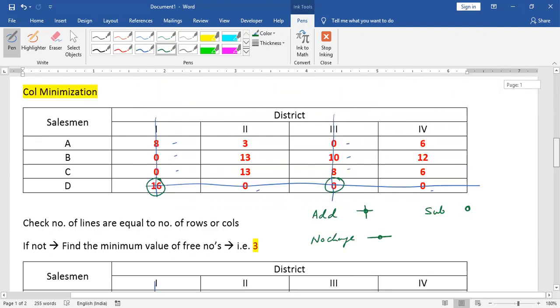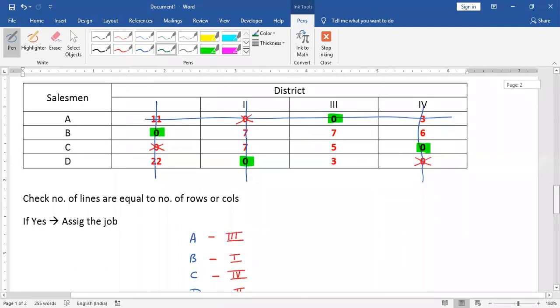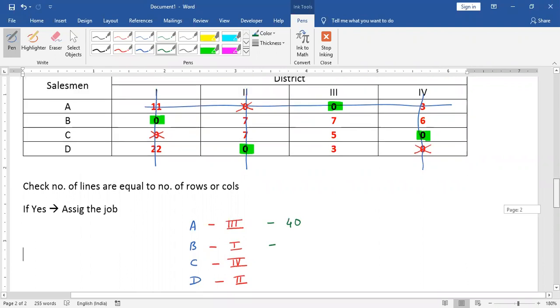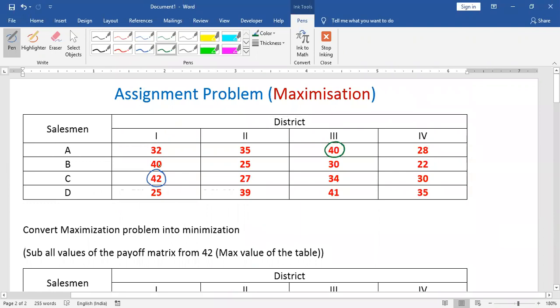So we are going to write A to third 40,000 from the first table. Right. Okay, B to first and C to fourth.